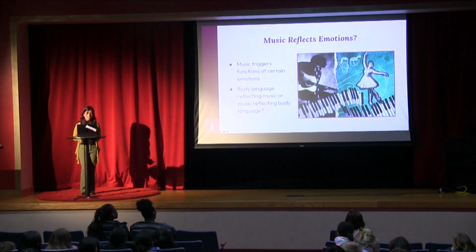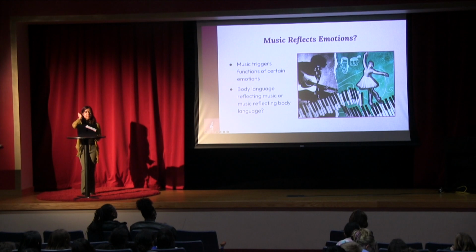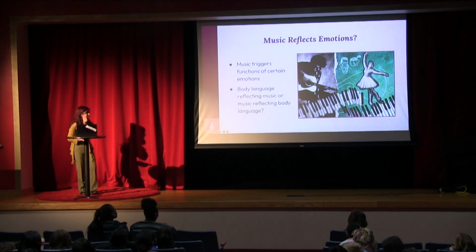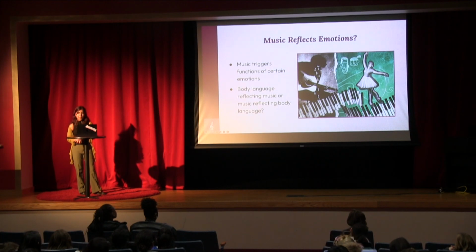And another thing to consider here is how music is reflected in emotion, or vice versa, how emotion is reflected through music. What I mean by that is it's hard to determine whether music triggers emotions or if emotions are triggered by music. So for instance, when we listen to happy or joyous music, our zygomatic muscle, which is what we use to smile, is often triggered.